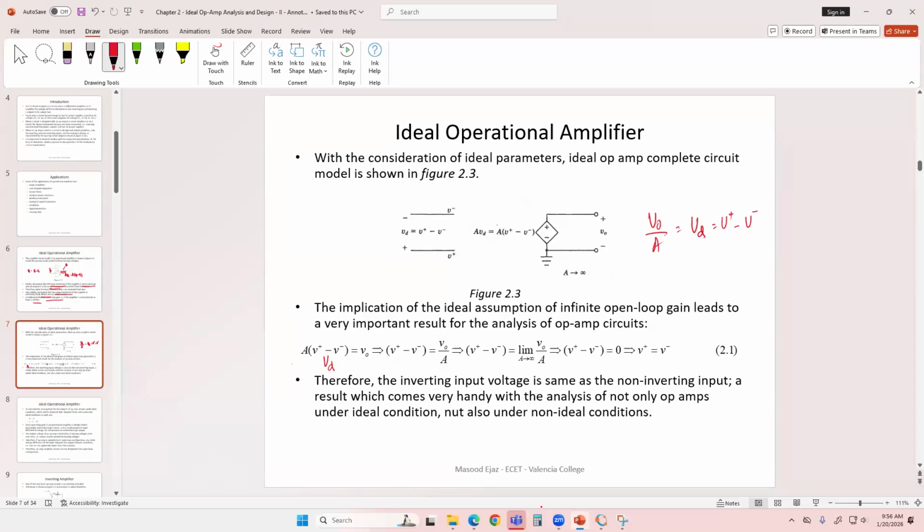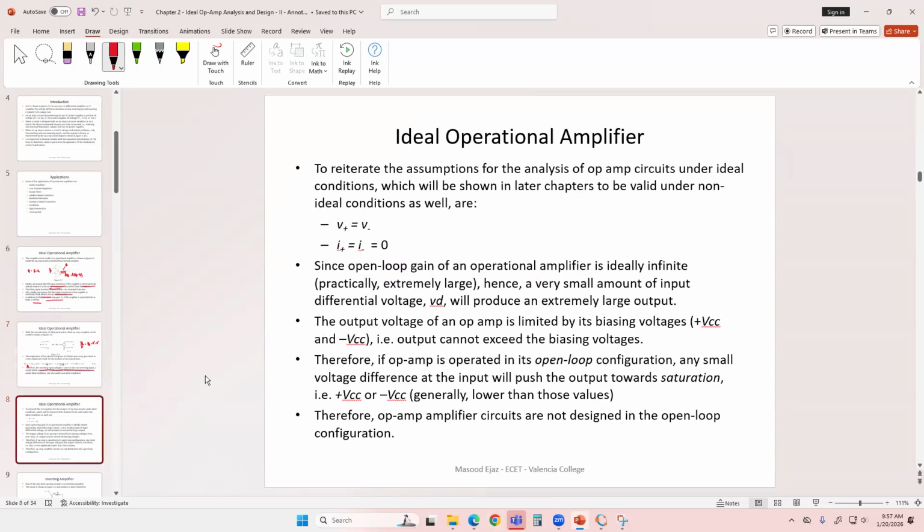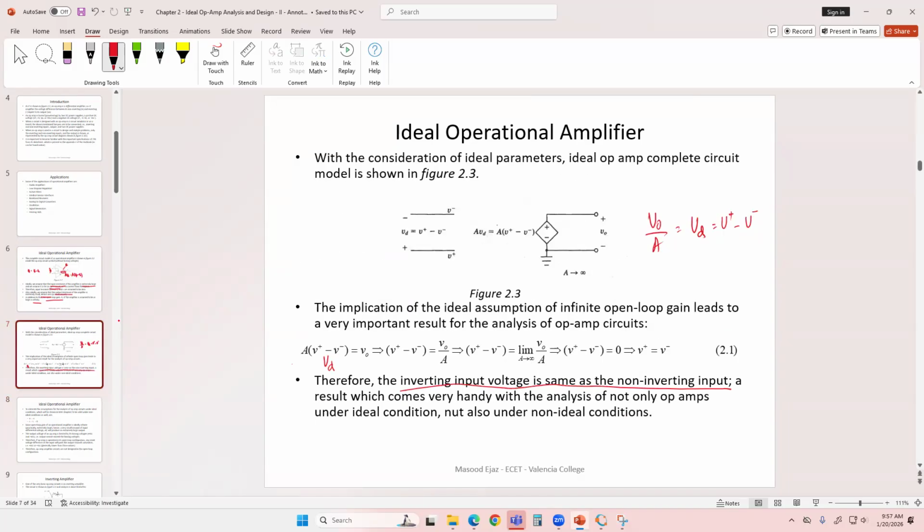So this is true for practical circuits, as you will see. So the inverting input voltage is the same as the non-inverting input voltage. So V positive is equal to V negative, and since the input resistance is infinity, it's open circuit, really there is no current that flows into the operational amplifier either from positive side or the negative side.